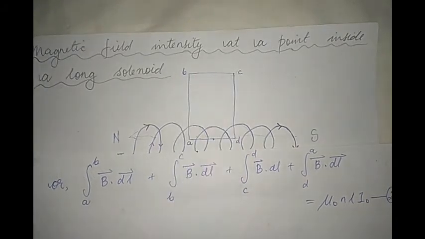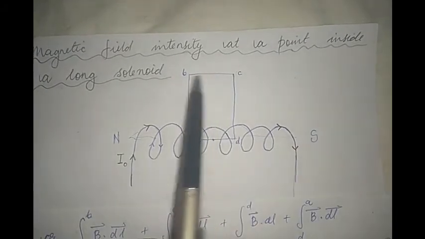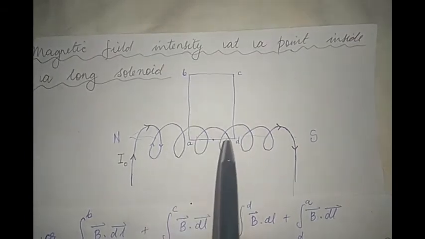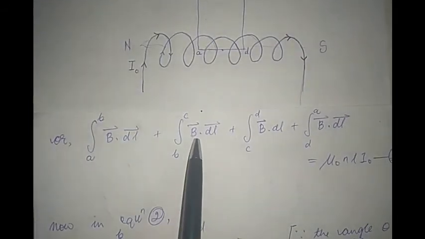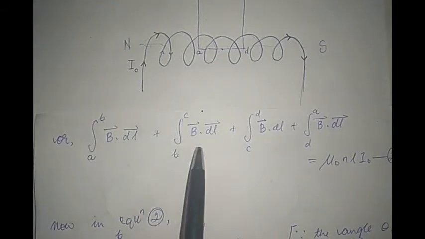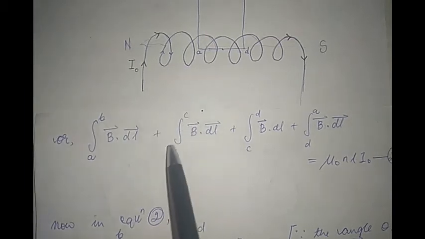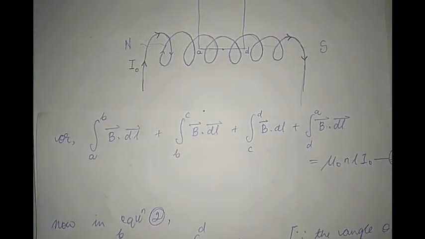So BC is over here. Now this BC being far from the inside part of the solenoid, outside the solenoid the magnetic field is very weak. So B itself, when we are integrating over BC, becomes 0. So therefore the second term also becomes 0.